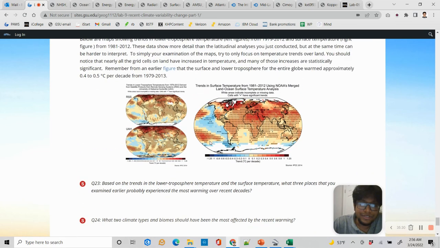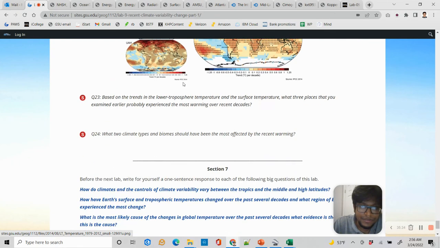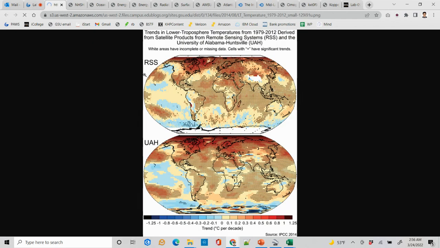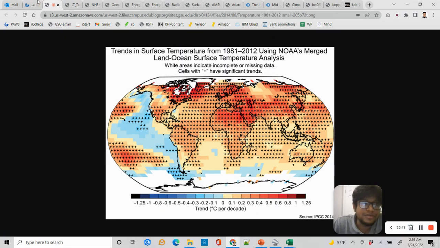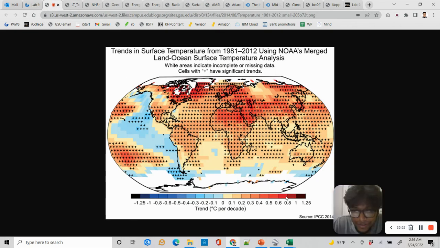Then there is another graph that will ask you to identify some parts of the world that have experienced higher temperature. Just follow through these two diagrams and see where the red is, because the red is the highest temperature increase.